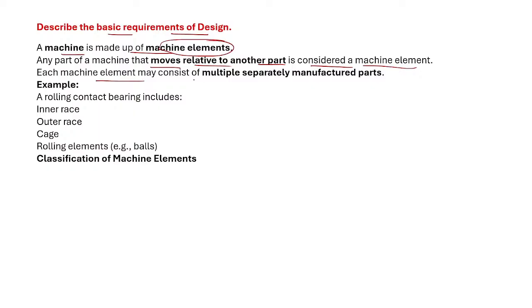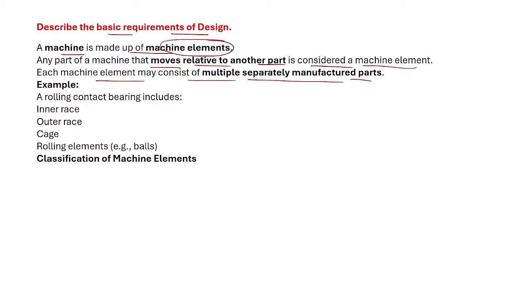Each machine element may consist of a separately manufactured part. You can understand here the process employed to manufacture a piston, and the process employed to manufacture a connecting rod or a crankshaft or a casing.